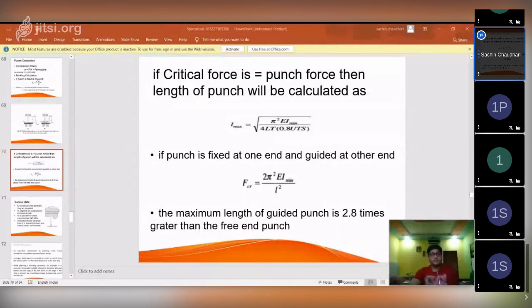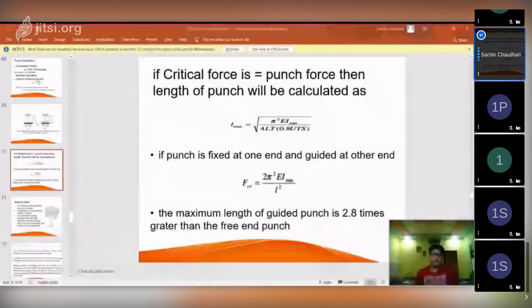So till now, any doubt, please ask, guys. Generally, why is it 2.8 times greater?